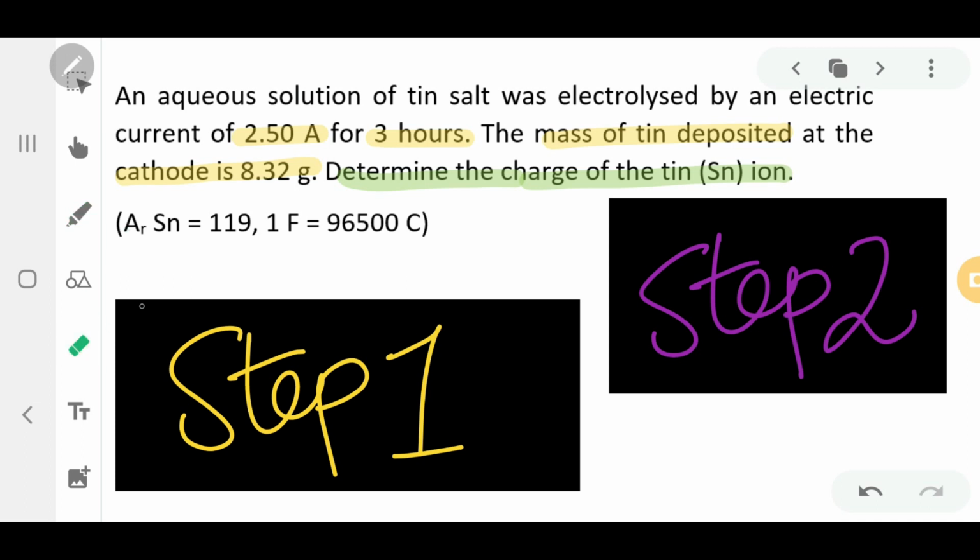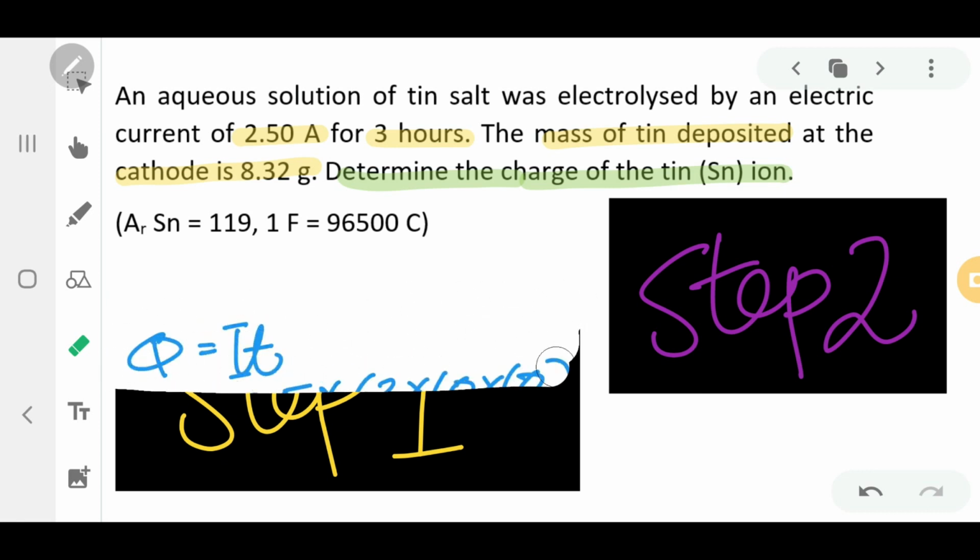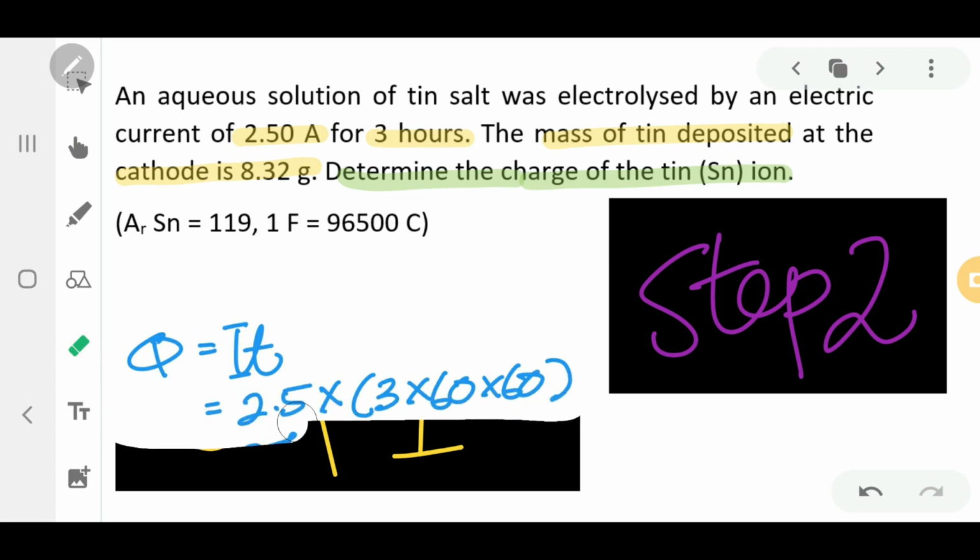Step 1. As usual, we need to do the calculation of Q equals to IT. You are given I, so that is the I, and that is the T. And remember, the time here needs to be changed to seconds.